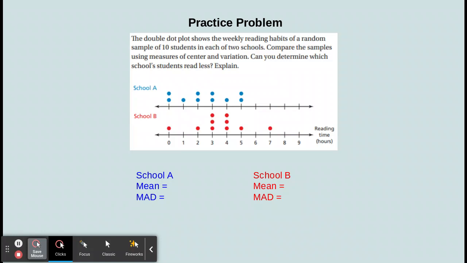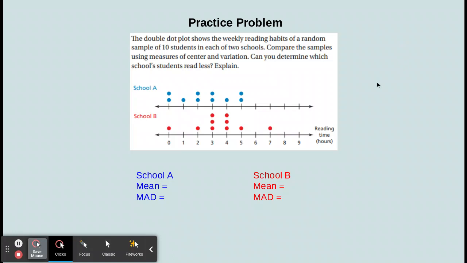Okay, we're going to compare the samples using measures of center and variation, meaning we need to find the mean because we're using a dot plot, and we need to use the MAD because again, we're using a dot plot. And then once we find those, we should be able to determine which school's students read less.